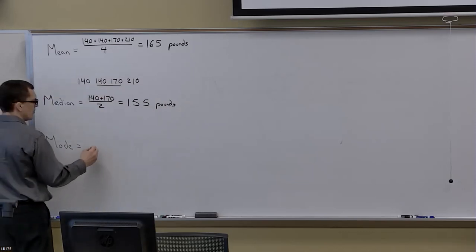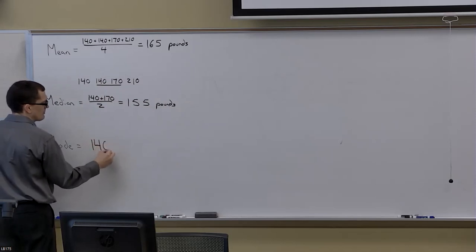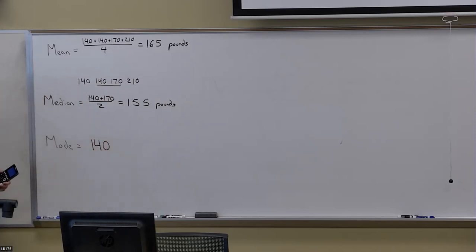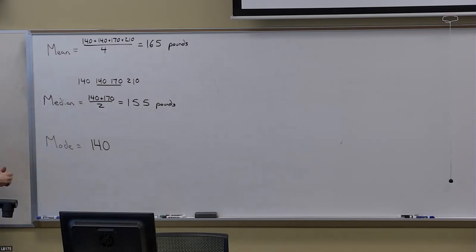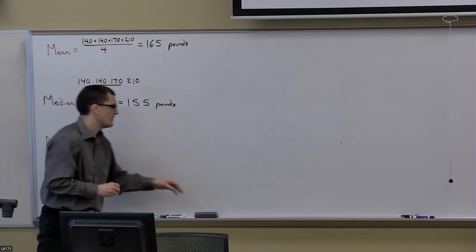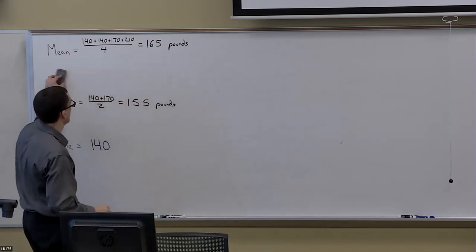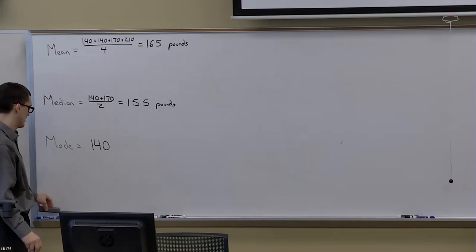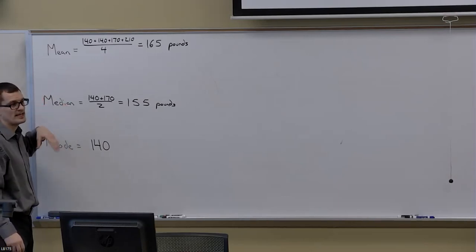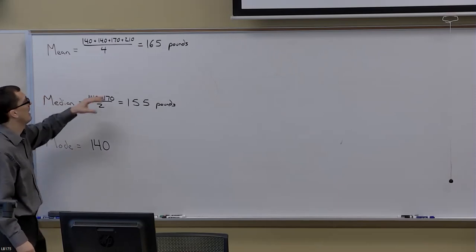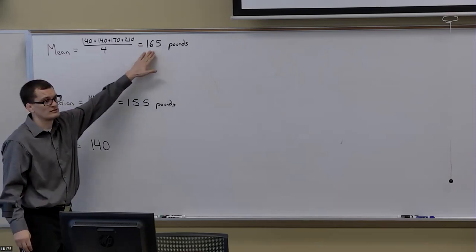And the mode is just the number that appeared most often, which in our case is 140. Again, if I wanted to paint a story about the 4 individuals here being heavier, I would use the average.